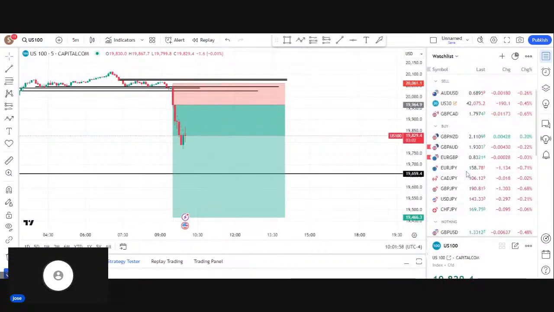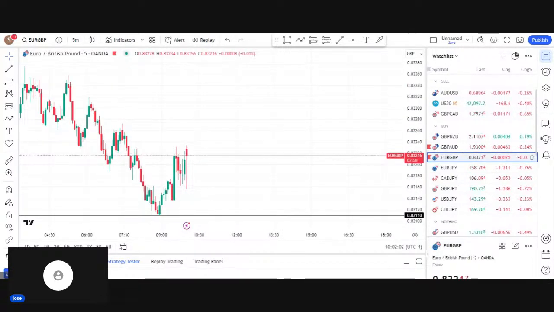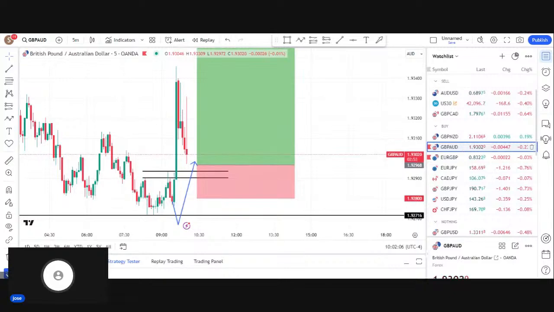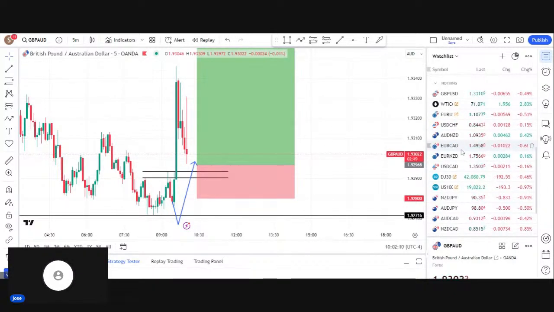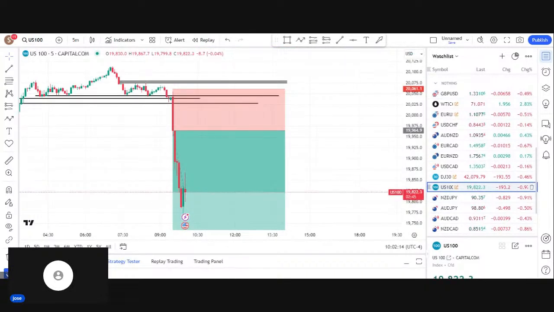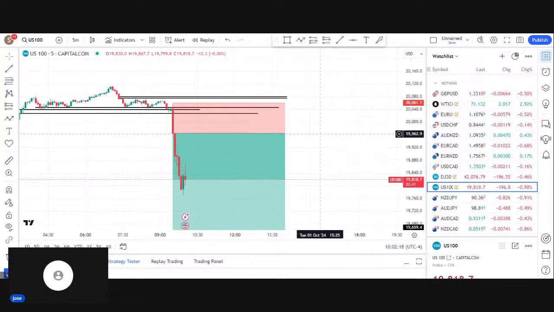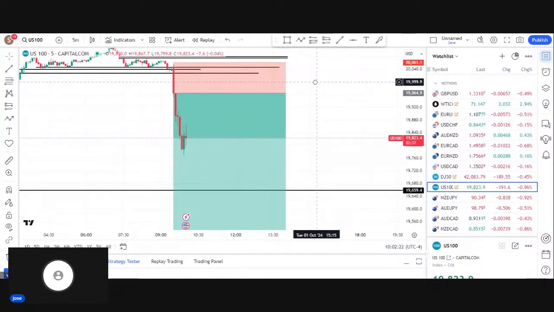How about our pairs? Did they move? Nothing. Nothing for us. I don't think we shall be trading today using our strategy. We shall only be playing around with this fake trade, which I believe price will just continue in the direction of the breakout.